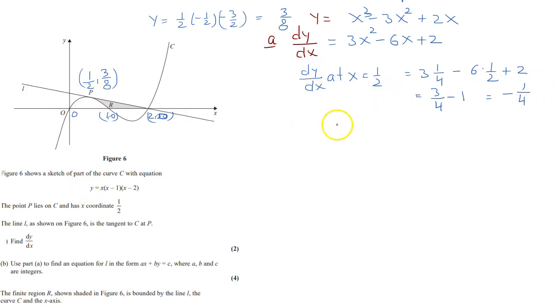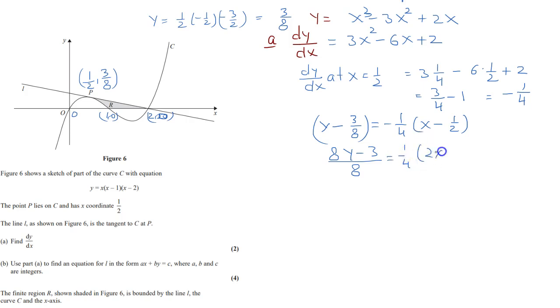So equation of tangent is y minus y1. We have already calculated it, 3 over 8, is equal to minus 1 over 4, x minus x1, which is half. So 8y minus 3 over 8 is equal to minus 1 over 4, 2x minus 1 over 2.